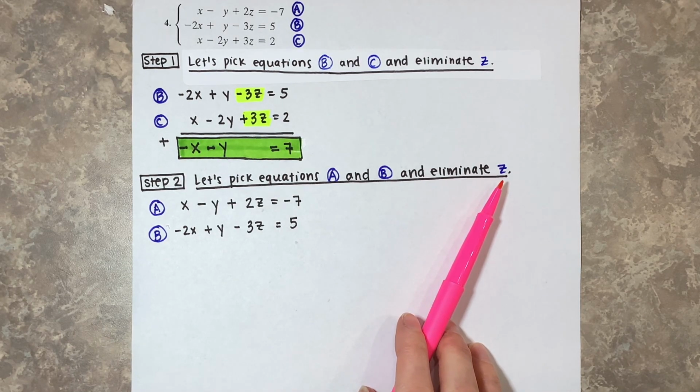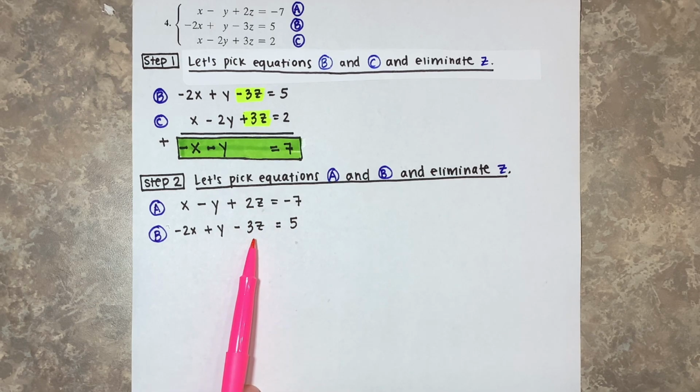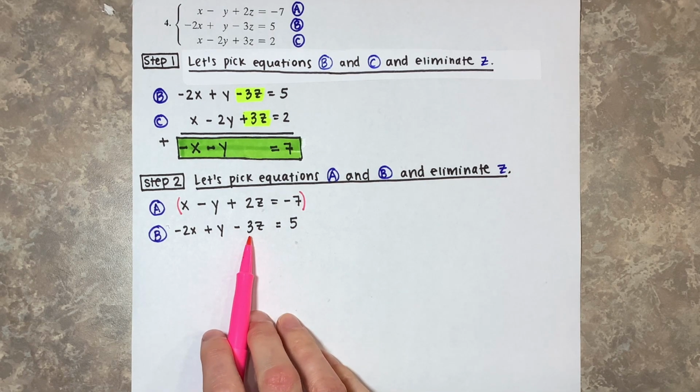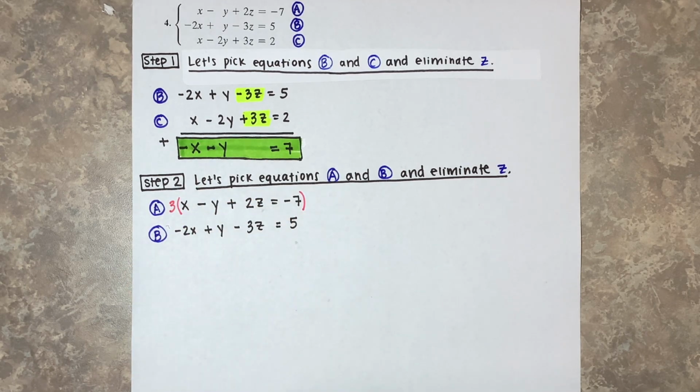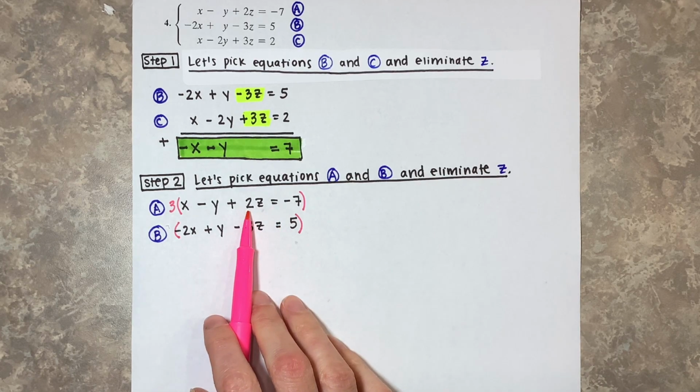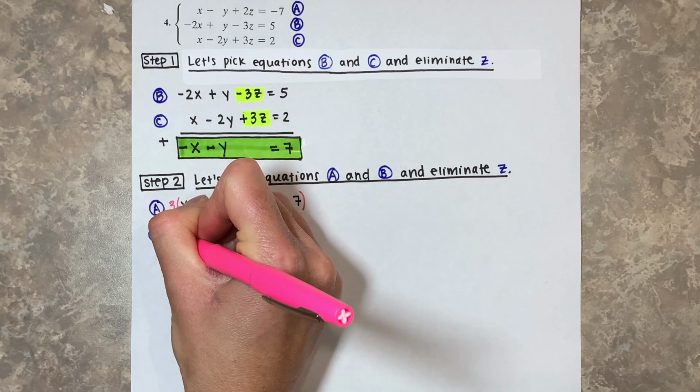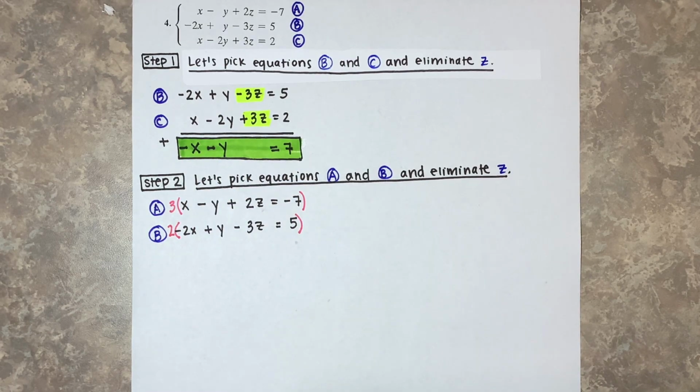So that means we have to make it so that the z's have matching but opposite coefficients. One approach we could take is we could multiply this top equation by the coefficient of this z. And even though this is a -3, I'm going to start out with a +3. And then we can multiply this bottom equation by the coefficient of the top z, which is 2. And let's see if this will work out.